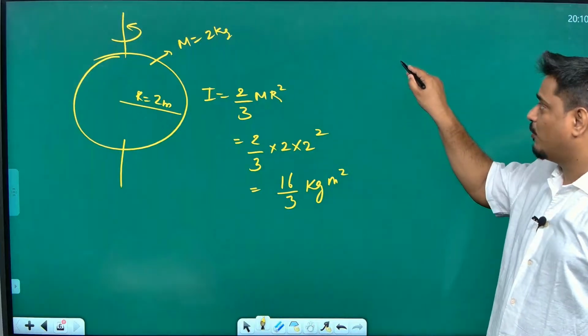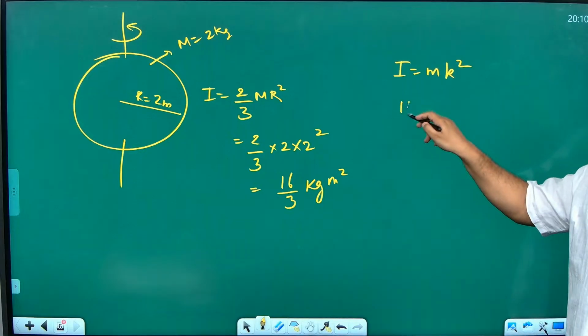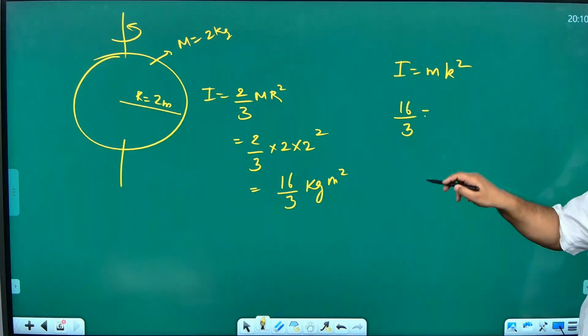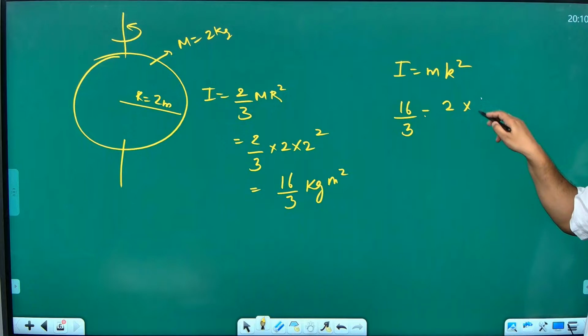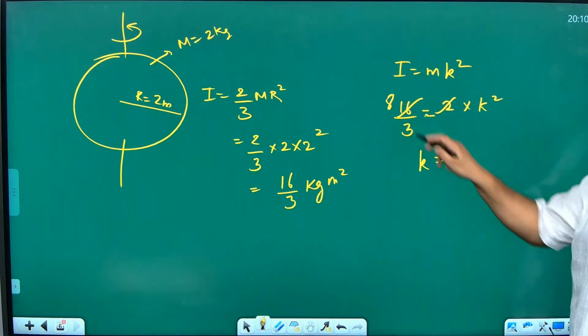So by that formula, I equals mk square, I is known to me, 16 by 3. What is the mass here? 2. Then I can find k square. What is the value of k? k will become equal to root over 8 by 3.